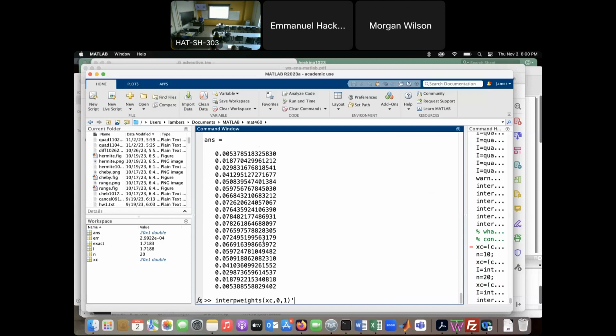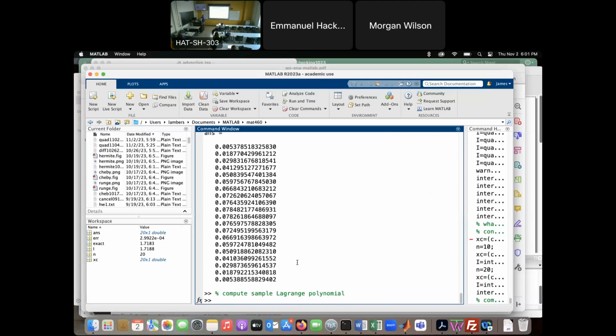But what I'm going to do is compute one of these Lagrange polynomials and show you the coefficients. So, okay. Now, Lagrange polynomials, as you know, here I have 20 points. So in this case, Lagrange polynomials would be degree 19, one less.